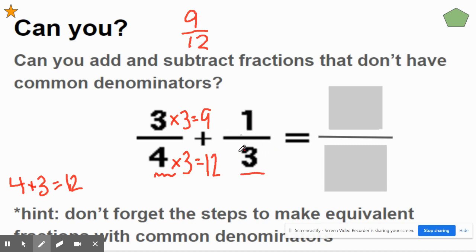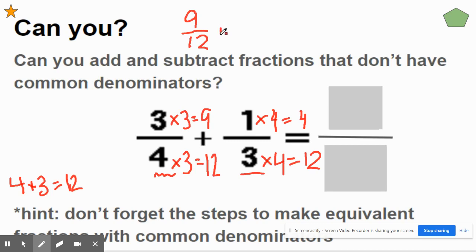I still have to go and change the second fraction because remember, I have to have common denominators. So I chose to make this one 12, okay? That's how we did 4 times 3 to make this a common denominator of 12. Then 3 times what gives me 12? 3 times 4 gives me 12, okay? Whatever I do to the bottom, I have to do to the top. So 1 times 4 gives me 4.